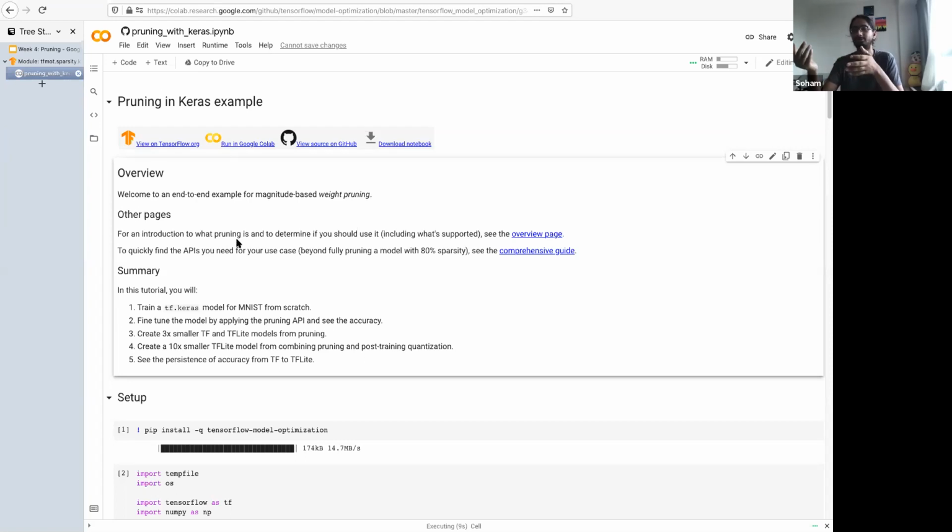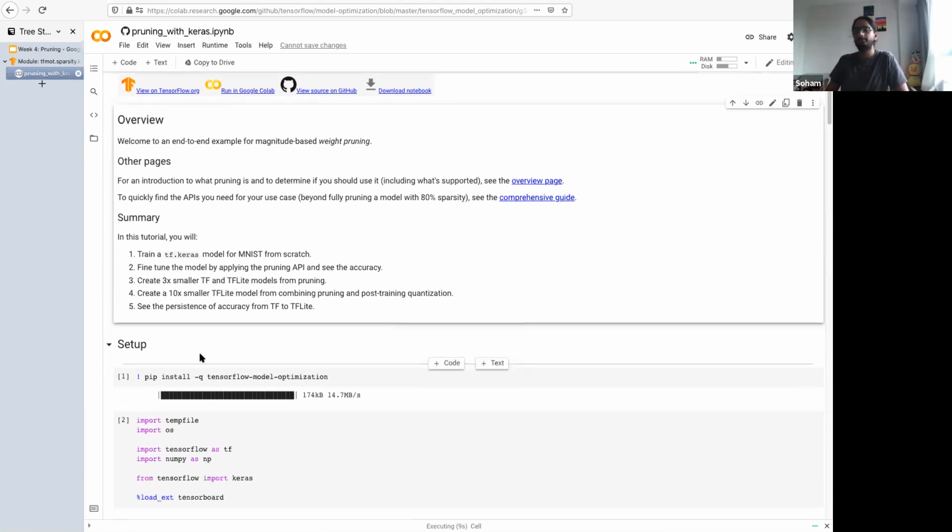And finally, we'll take our pruned network and quantize it and see how combining pruning and then quantizing affects our accuracy, and how that affects how much space the model needs to store.